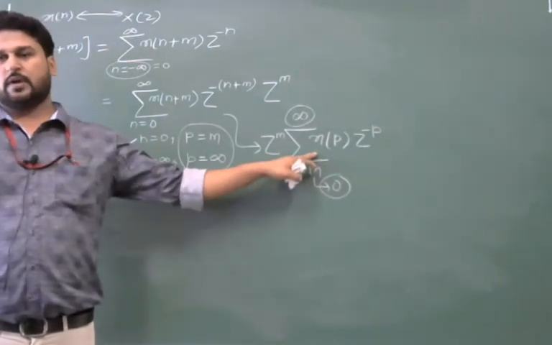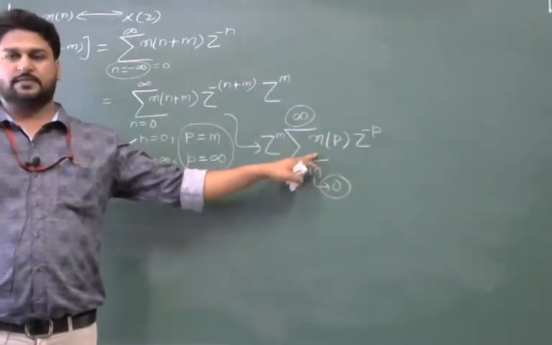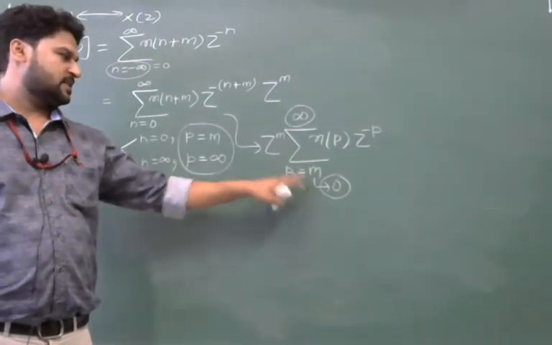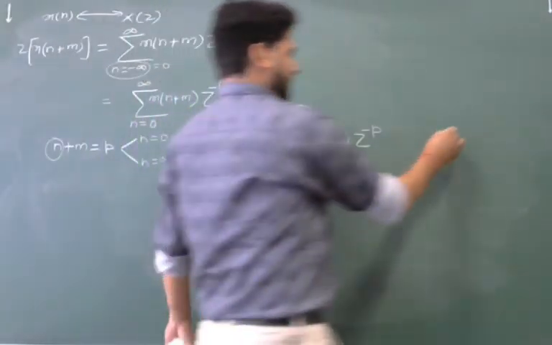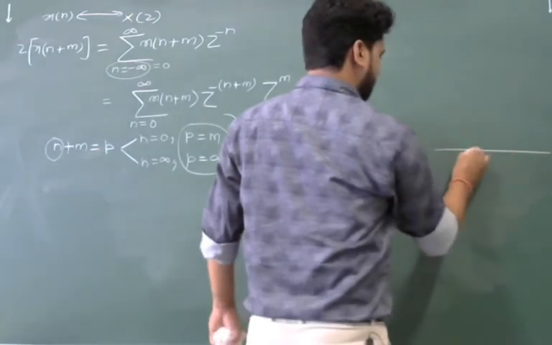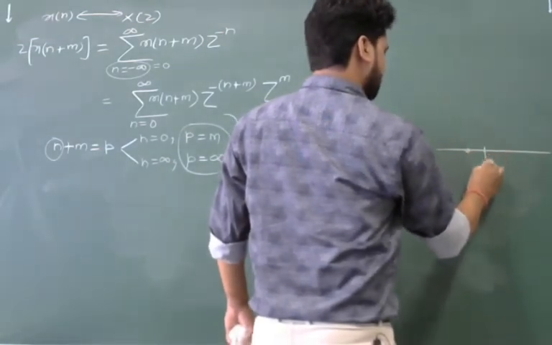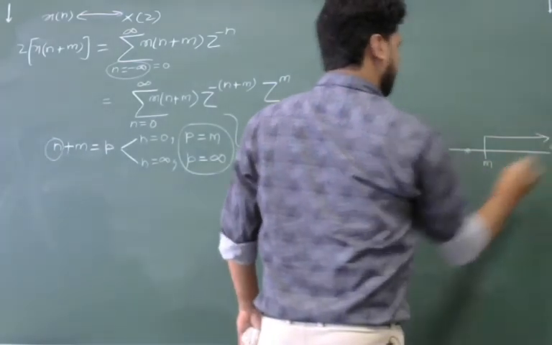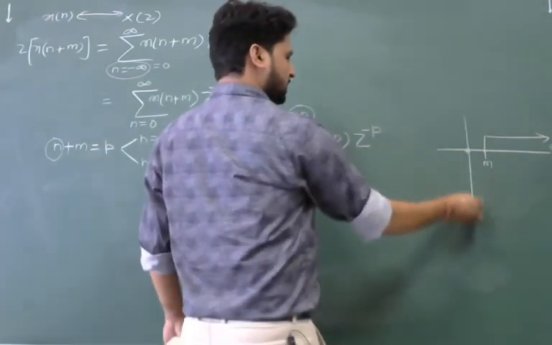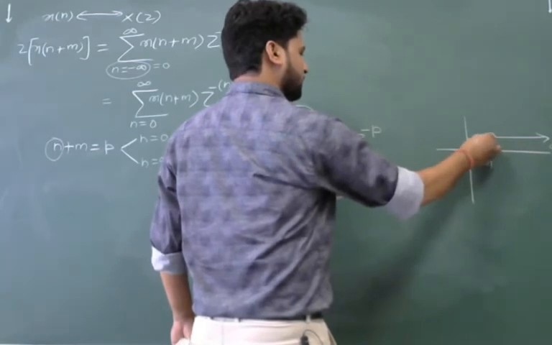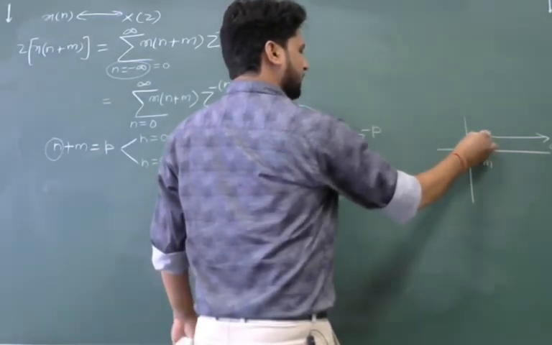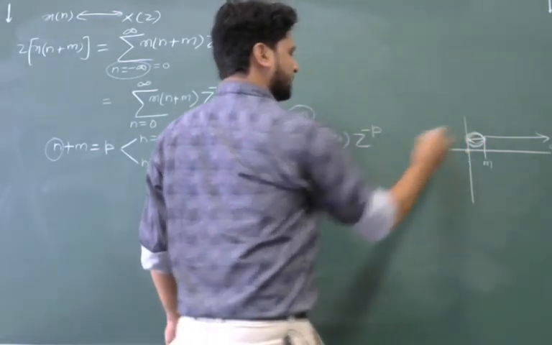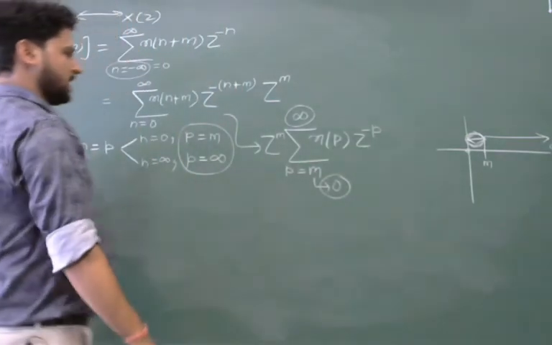So to convert this term as x of z, we have to add some extra term, because the limit given here is from m to infinite, and we have to include this sequence also from 0 to m minus 1.